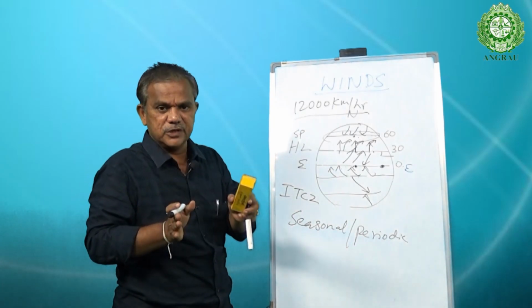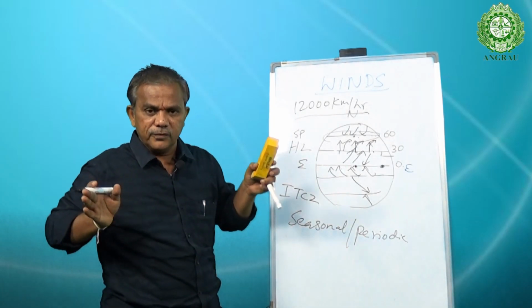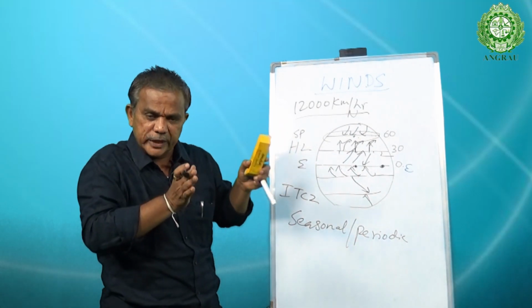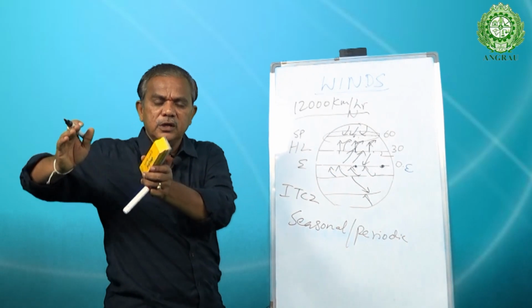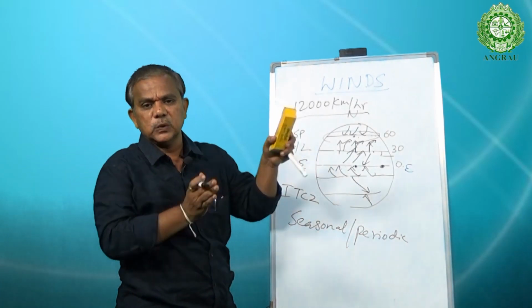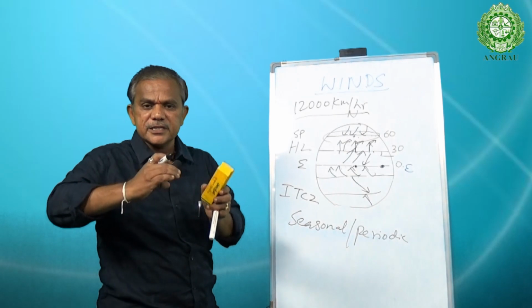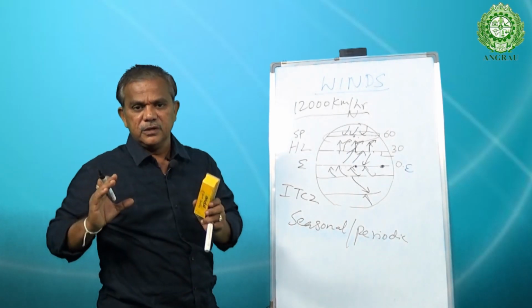The zone is supposed to be at 0 degrees, but the entire zone itself moves around 3 to 4 degrees to the north and south of the equator, based on the solar radiation.